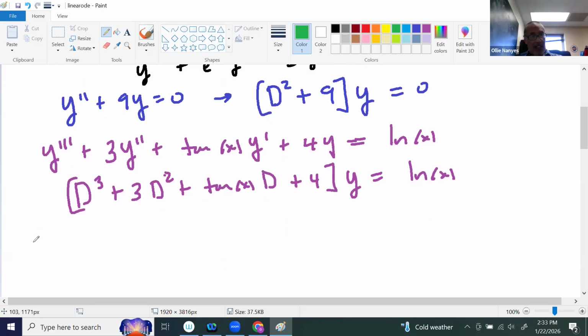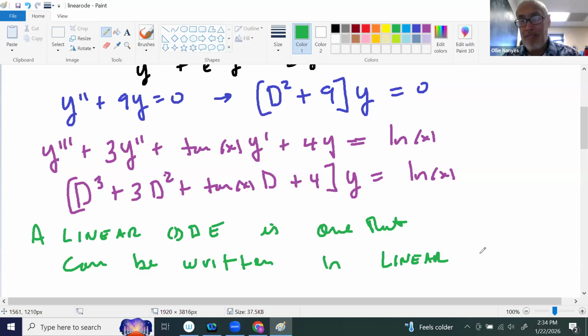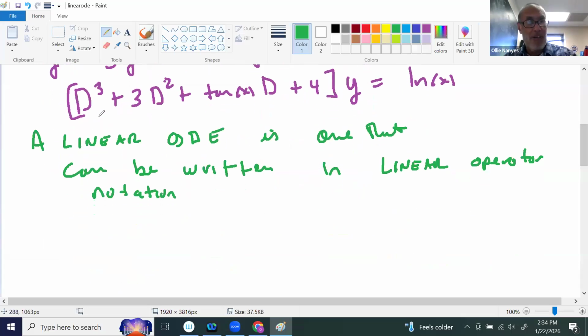A linear differential equation, or ordinary differential equation, since we're using regular derivatives, is one that can be written in linear operator notation, where you have this linear operator, this thing here, we're just going to call this whole thing L, and this is L of y equals some function of x.